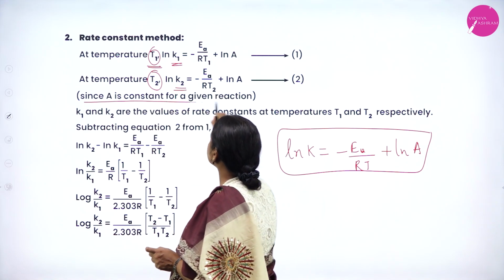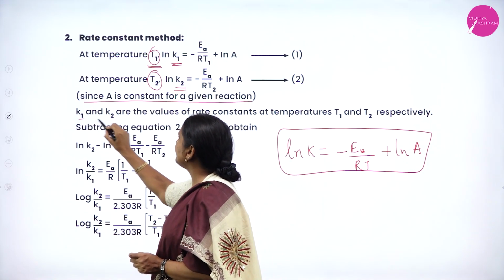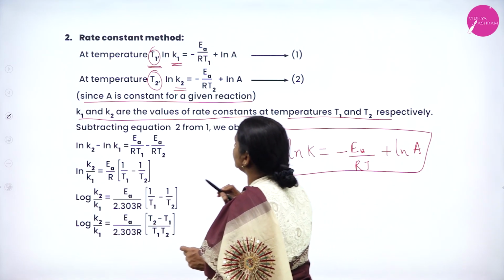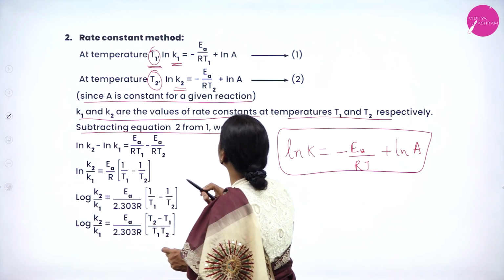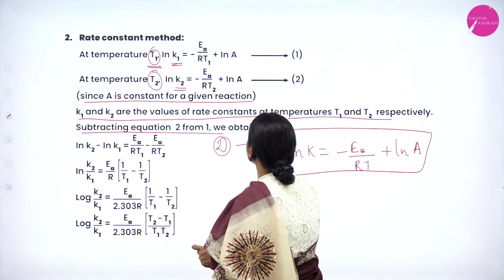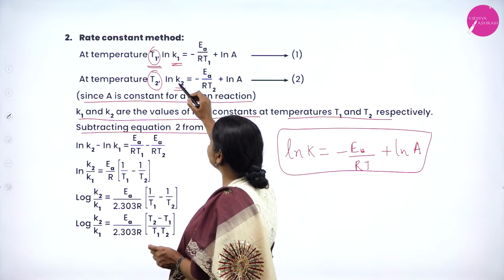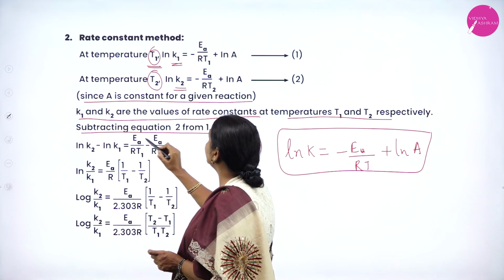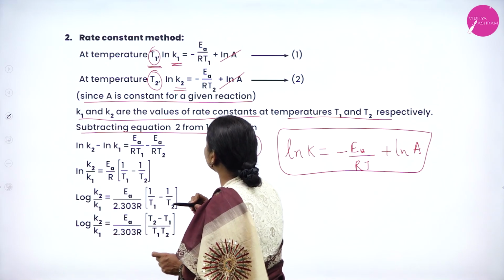Since A is constant for a given reaction, K1 and K2 are the values of the rate constant at temperatures T1 and T2. Subtracting equation 1 from equation 2, what happens? ln K2 minus ln K1. ln A gets cancelled.